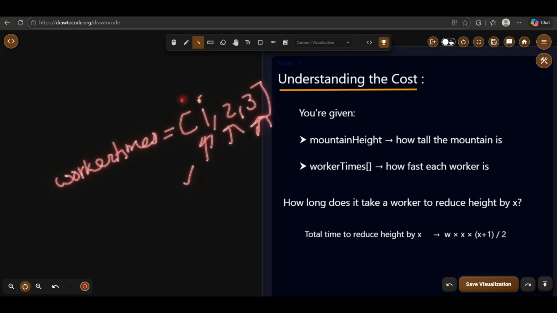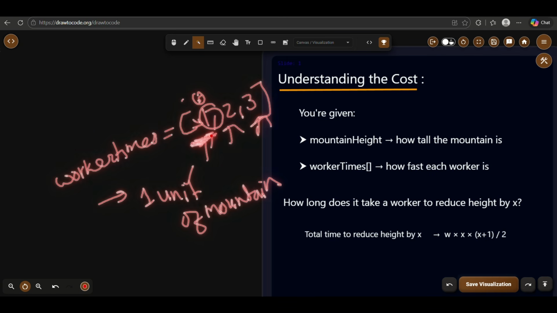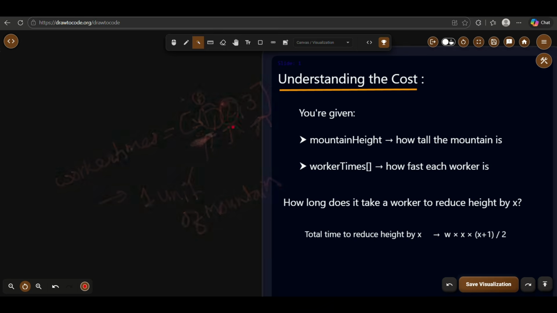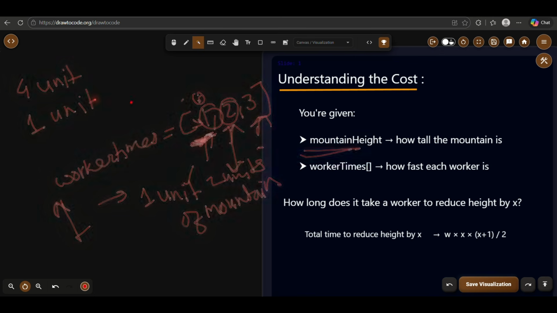So if the array is like this, 1, 2, 3, then the 0th worker can chop 1 unit of mountain in 1 second. Height is also given. If height is 4 units, then 1 unit can be chopped by worker 0 in 1 second.